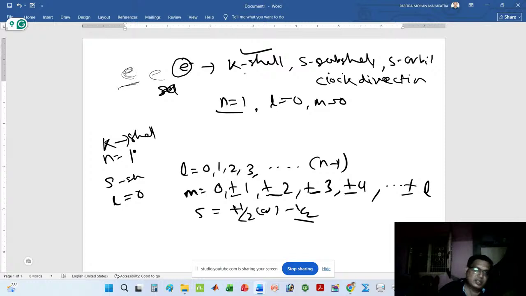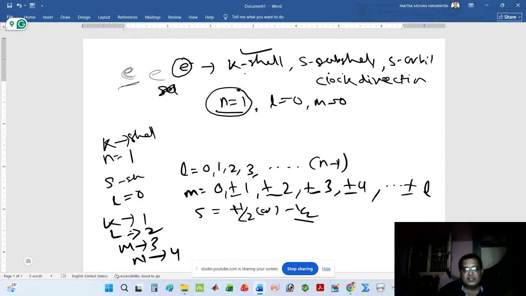Already, the K shell is 1, the L shell is 2, the M shell is 3, the N shell is 4. Already I covered this. So here at first I can write the principal quantum number n is equal to 1. If n is equal to 1, you can find the l value. If n is equal to 1, 1 minus 1 is 0. So here I can write l is equal to 0.